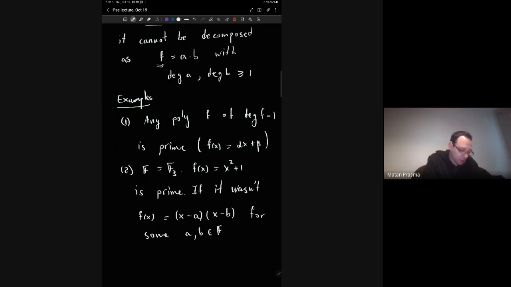I mean, 1 squared plus 1 is 2, which is non-zero, and 2 squared is 4, plus 1 is 5, which is again non-zero.